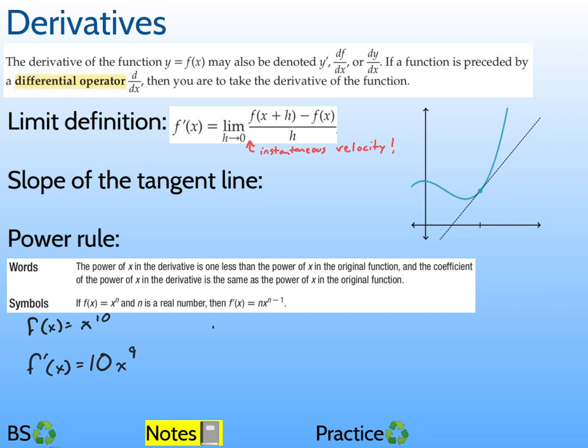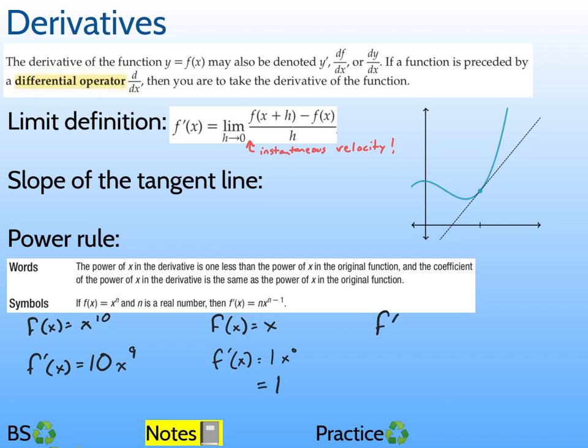Now here, let me throw one at you. What about f of x equals x? Well, the derivative of this, the exponent is 1, and then you reduce that to 0. So you have 1 times x to the 0. Well, anything except 0 to the 0th power is 1. So you have 1 times 1, or 1.